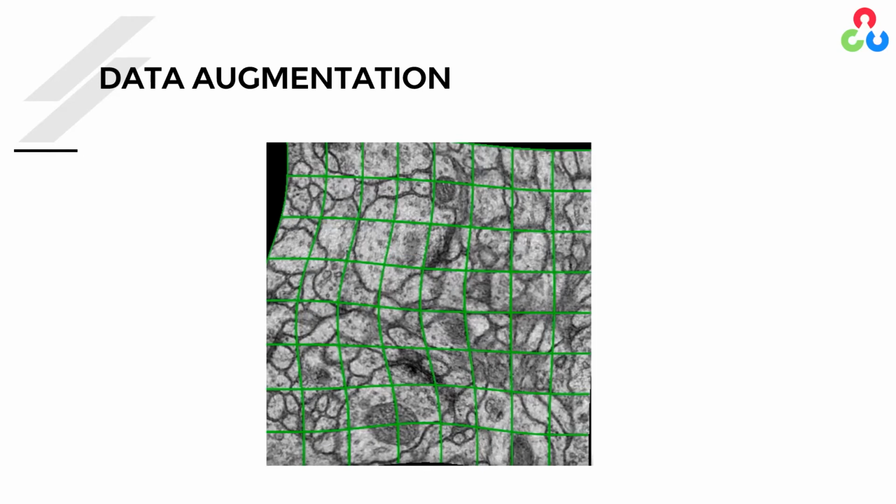The original image I have not shown here, but the original image was transformed to this nonlinearly mapped image, and the grid shows that deformation. So from 30 images, they might have gone to a very large number of images by applying these deformations. And of course, the standard augmentation techniques like reflection, etc.